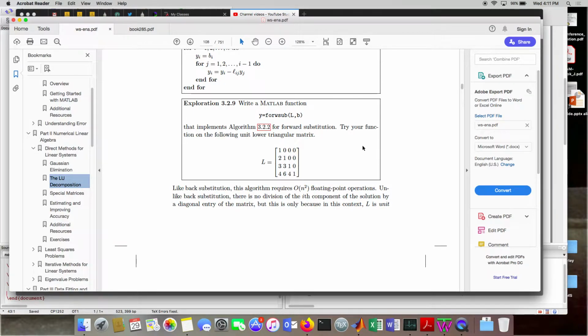Could you repeat that, or your answer to his question? I'm sorry. Okay, so Exploration 3.2.9. Even though I gave away the code, I still wanted to include it in the submission, just because I give a specific matrix to try. So next time, we don't have to turn it in with this homework? Oh, no, it's part of the next one, yeah.